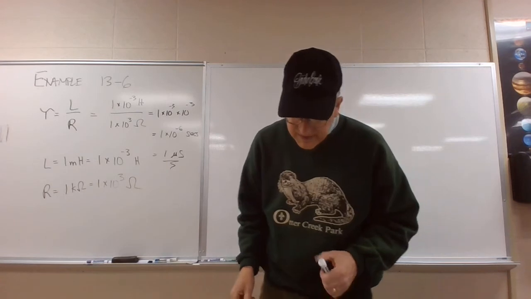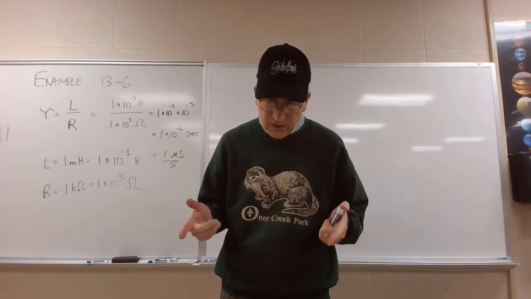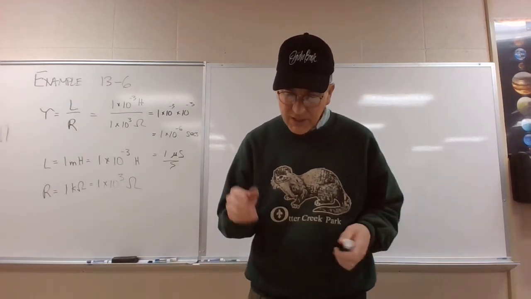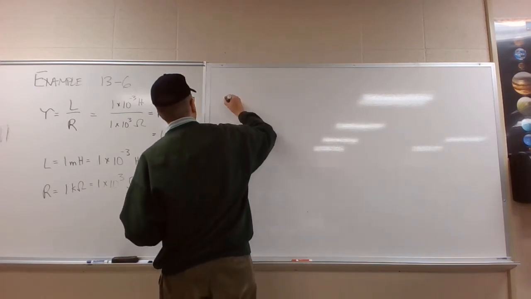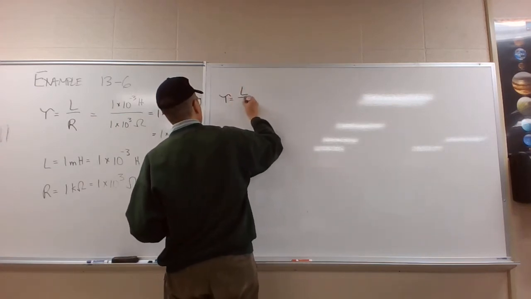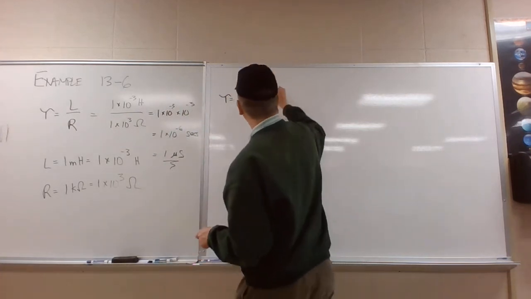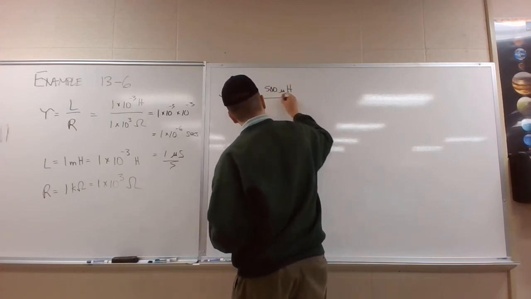So then it says find the time constant for 2.2 kilo ohms and 500 microhenries. All right, so tau equals L over R. L is 500 microhenries.